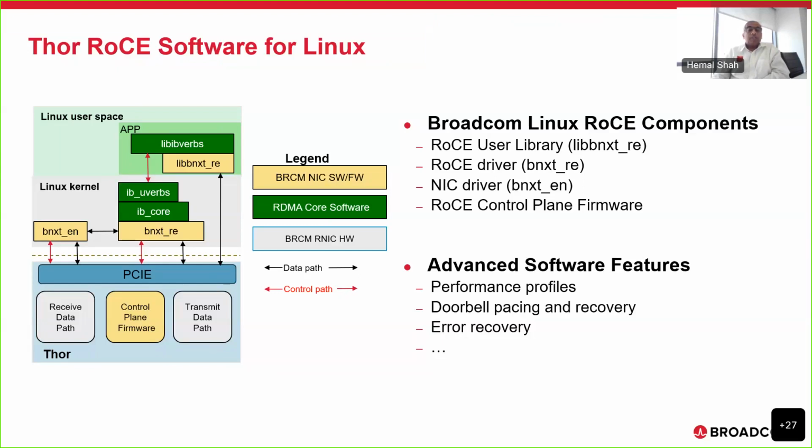So for the robustness of the driver, what we have in the user mode library as well as kernel mode driver is the ability to pace the rate at which the doorbells are being submitted to the hardware. Also, if there is a congestion being detected by the hardware and if doorbells are dropped, they can be recovered by the software.